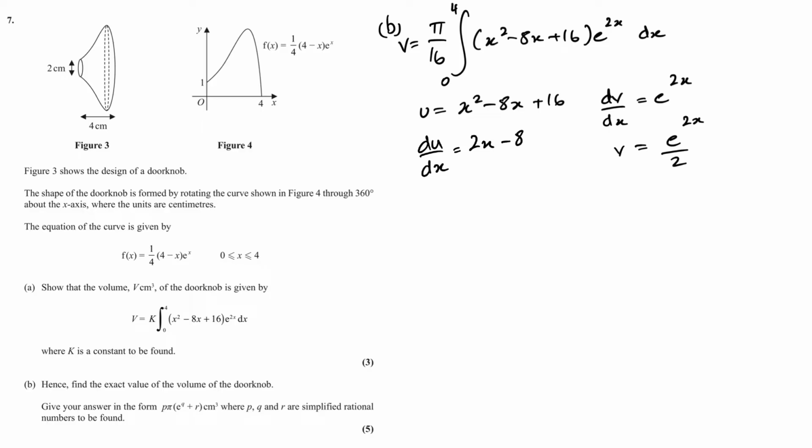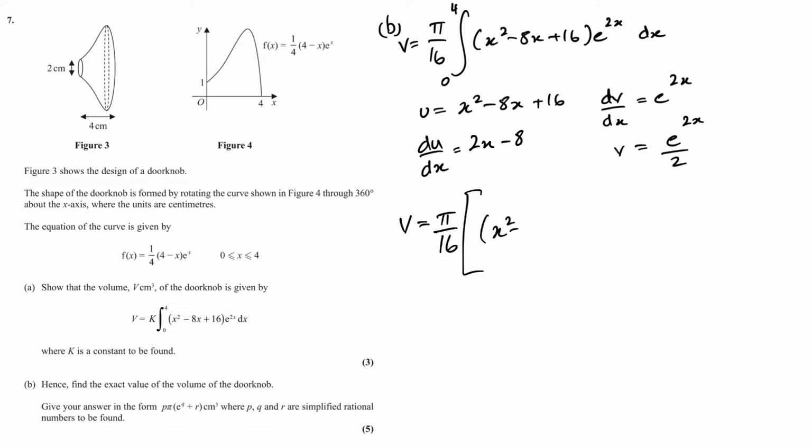This formula is in the formula booklet, in the integration section of P4. The integral of u dv by dx is equal to uv, so my volume is equal to, now we've got this pi by 16 coming out from it. So I'm just going to pop that in brackets, and then it's u times v.